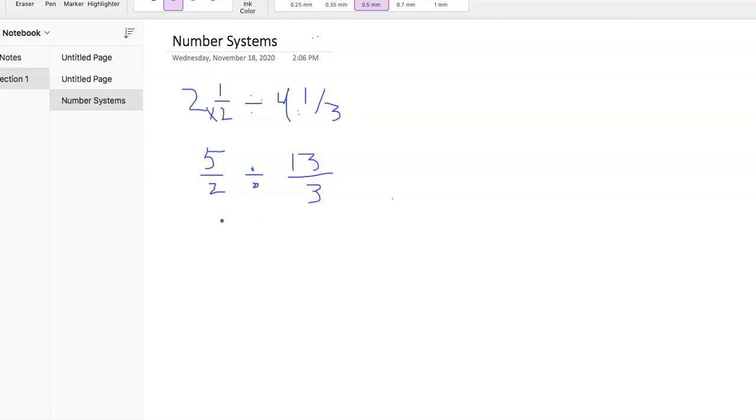And that is the same as 5 halves multiplied by what's called the reciprocal, or just flip the fraction. So what was on the bottom is now on the top, and what was on the top is now on the bottom. And now we just multiply them. 5 times 3 is 15. 13 times 2 is 26.